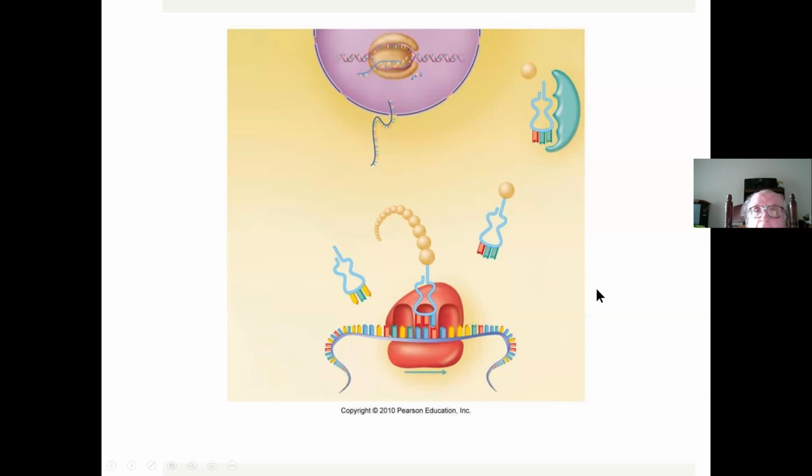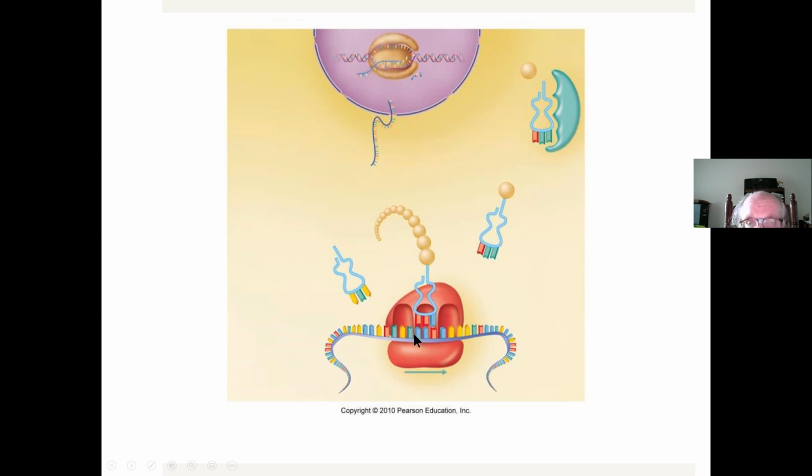We have a bunch of transfer RNA. These are transfer RNA. This is an enzyme, which is going to put the specific amino acid together with this transfer RNA. There's different transfer RNA for the 20 different amino acids. These are out in the cytoplasm. They're going to be loaded up with amino acids just around in the cytoplasm, waiting for a blueprint to come out.